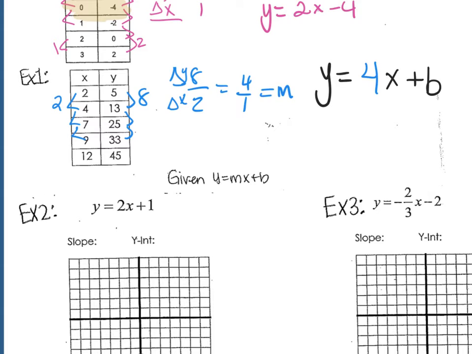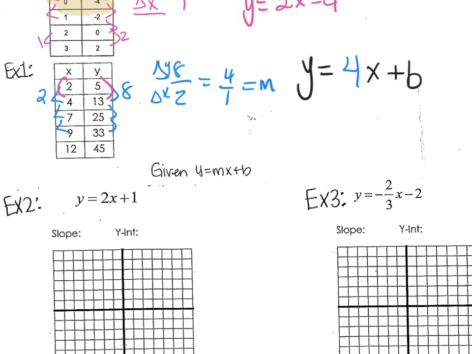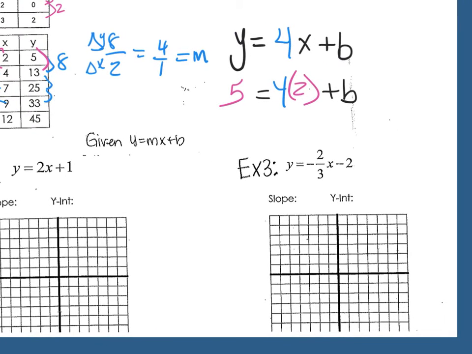So which pair would you like to use? 2, 5? Okay, so that means I'm going to plug in 2 for x and 5 for y, and then I've got b left over. So 5 equals 8 plus b.